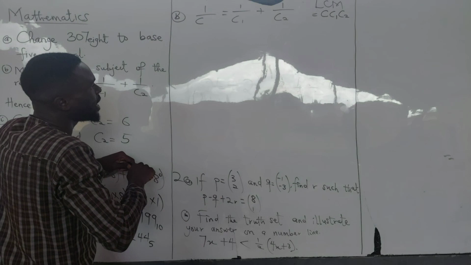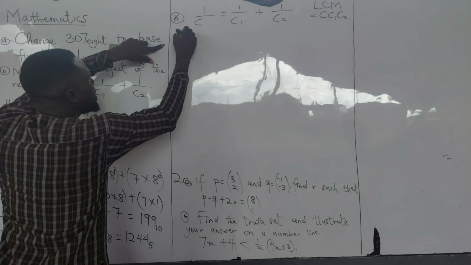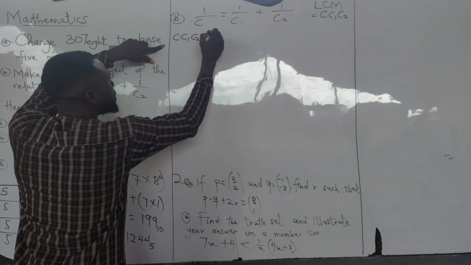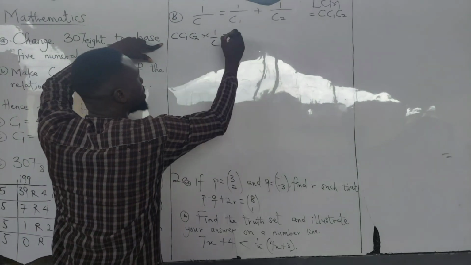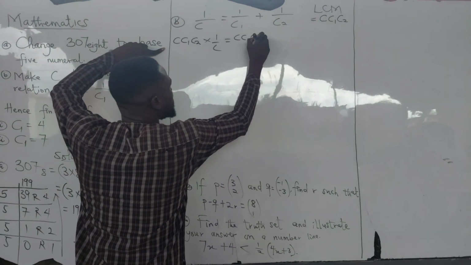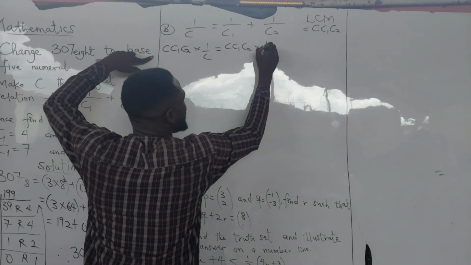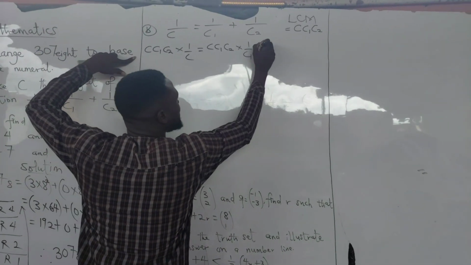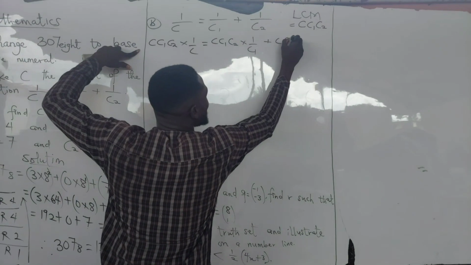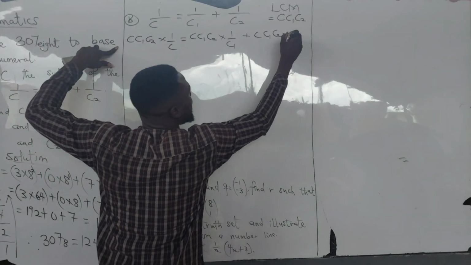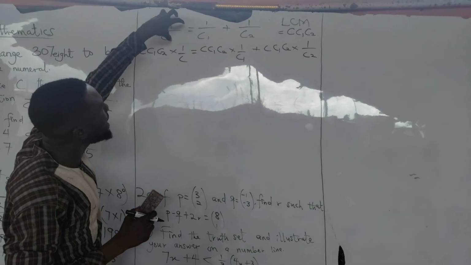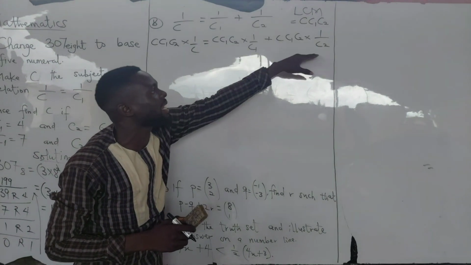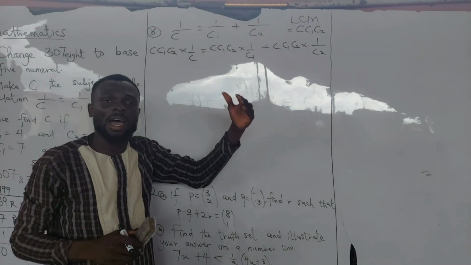So we are going to say C, C1, C2 times 1 over C, which is equal to C, C1, C2 times 1 over C1 plus C, C1, C2 times 1 over C2.